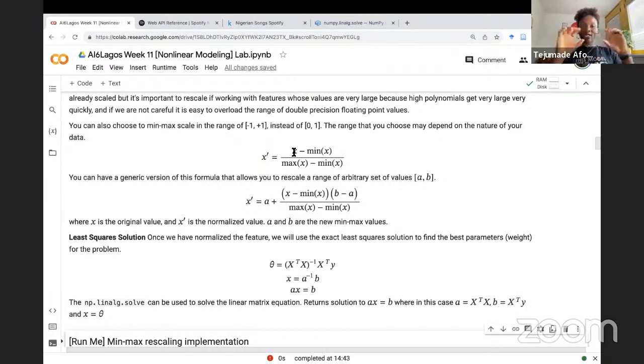You have a vector, maybe with 2, 3, or 4 elements. Then you subtract the minimum of x, and then you divide by the maximum minus minimum. And this new vector that you get would have a minimum of 0 and a maximum of 1.